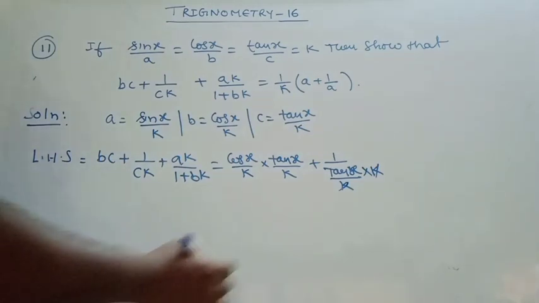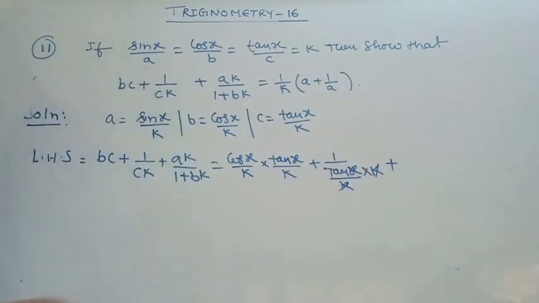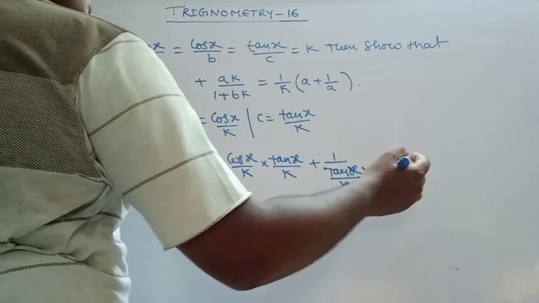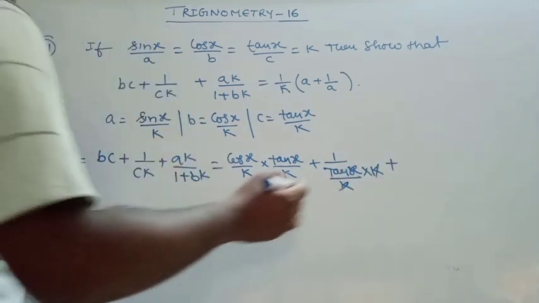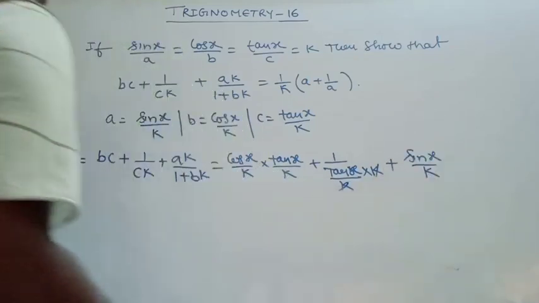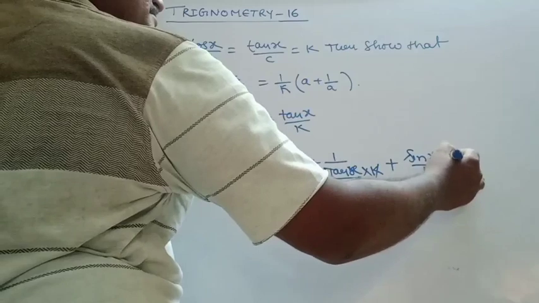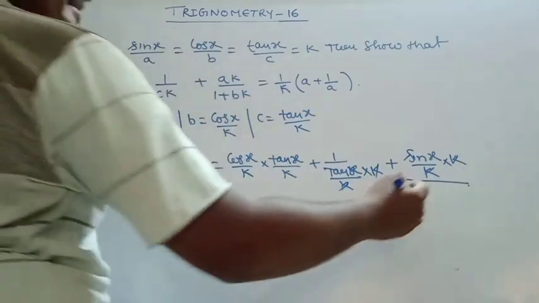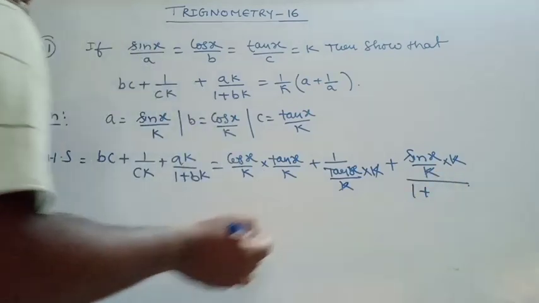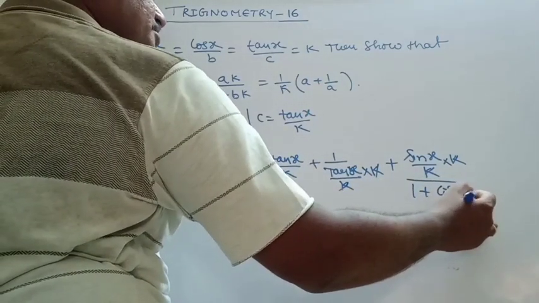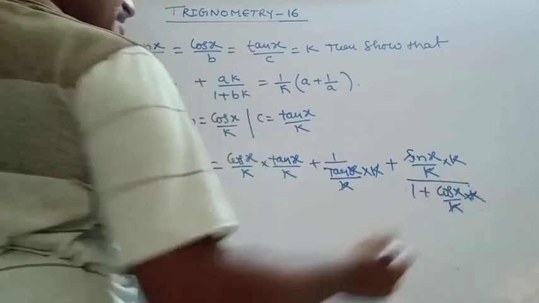Plus you have here ak. a is sin x by k, ak into k, this k will be cancelled, and by 1 plus bk, where b is cos x by k, into k, this k and this k will be cancelled.